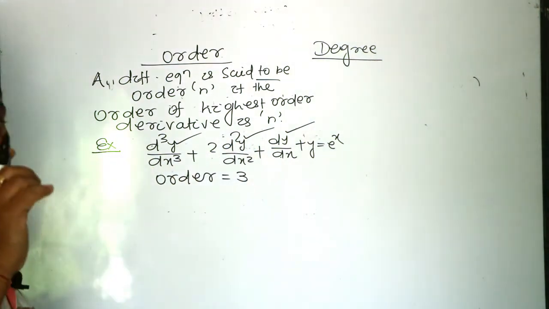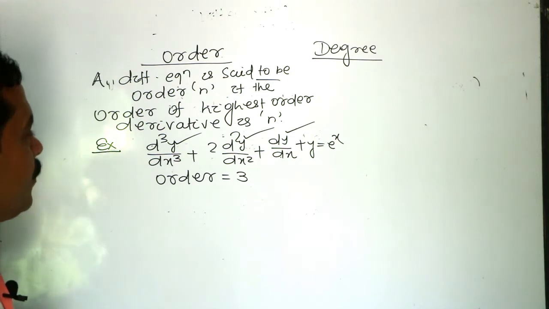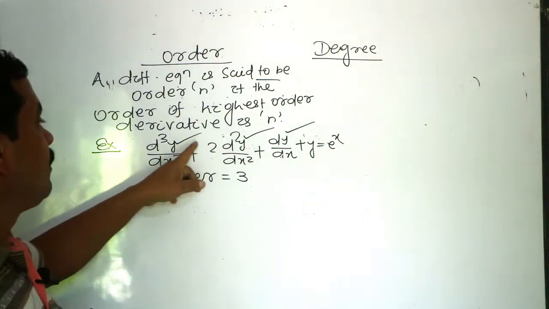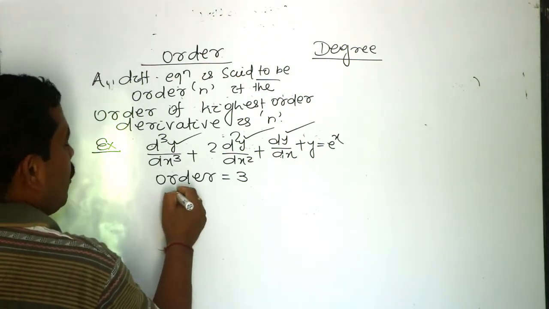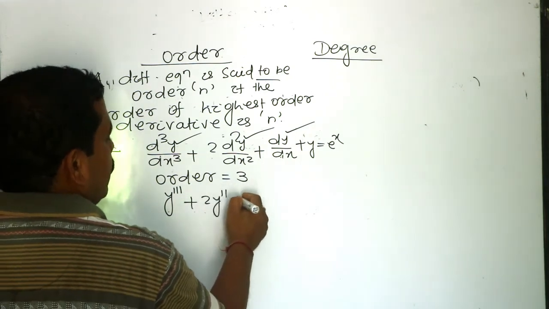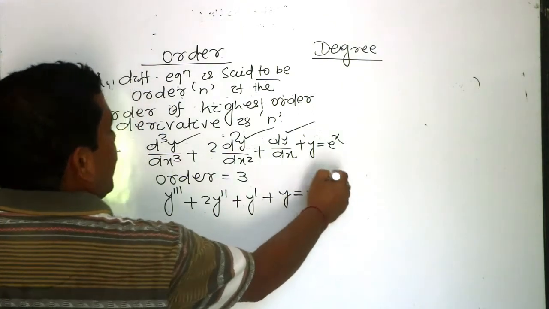The order of the highest order derivative is the order of the differential equation. We can also write it as y triple dash plus 2y double dash plus y dash plus y equals e to the power x.